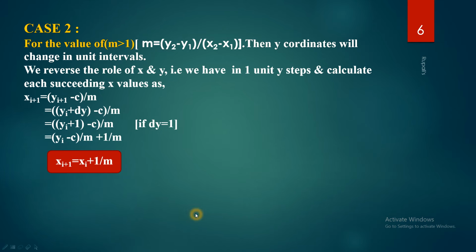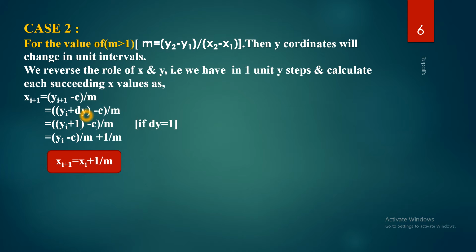First we consider case 2. For m greater than 1, the y coordinate will change in unit interval. You have to change the y coordinate by unit interval and calculate the corresponding x value. So xi+1 = (yi+1 - c)/m, where yi+1 = yi + dy. What is dy?